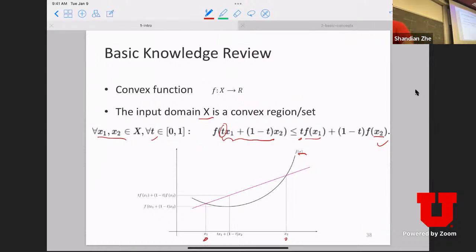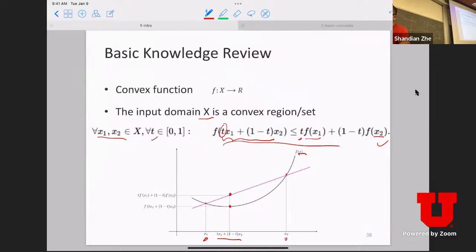If you take arbitrary t, then t x1 plus (1 minus t) x2 is just some point in the middle. The function evaluated at this combination of the inputs is here, but the combination of the function values at these 2 inputs is here. Of course, this value is less than this value. That means they satisfy this inequality.